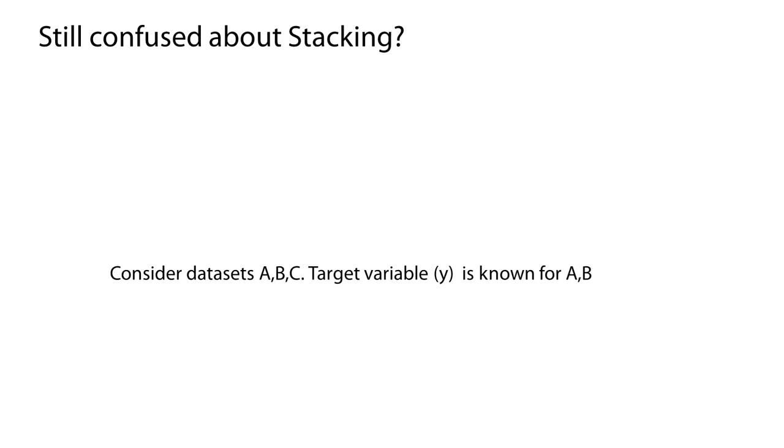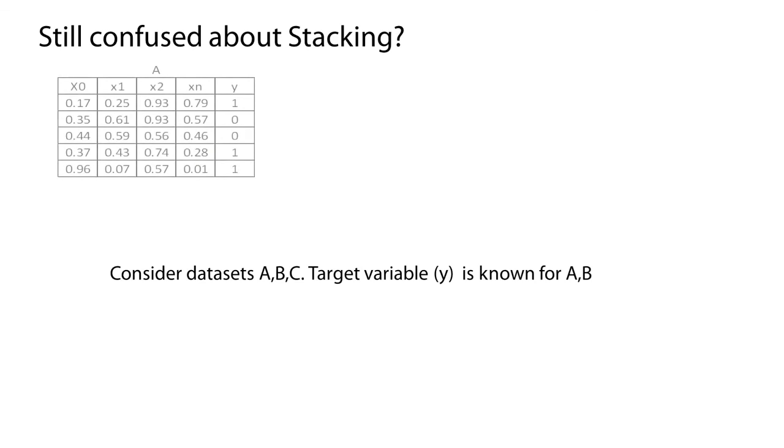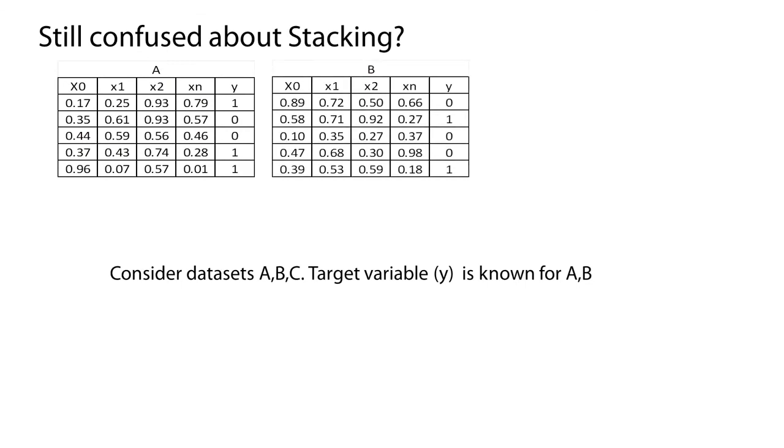In order to illustrate this better, consider the following animation. So let's say we have features x1, x2, x3 to xn, and you have a target variable y that you try to predict. Now for dataset A and dataset B, we know this y variable, but in C we don't know it.